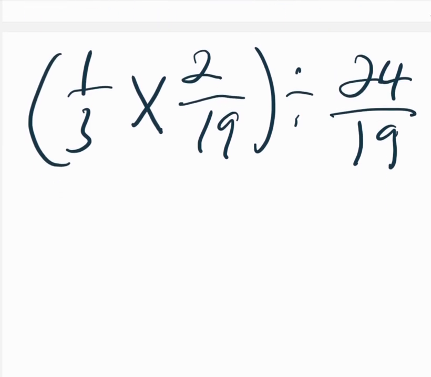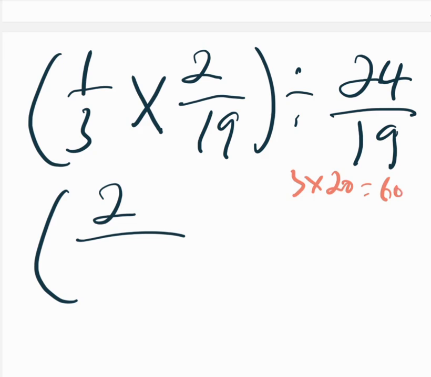So we proceed. At this junction right here, we're going to marry the two of them. When we marry this, we're going to have, open a bracket, 2 over 3 times 19. You're going to use your mental math right here. What I do at this point is I just say 3 times 20, which is 60, minus 3, which is 57, right?